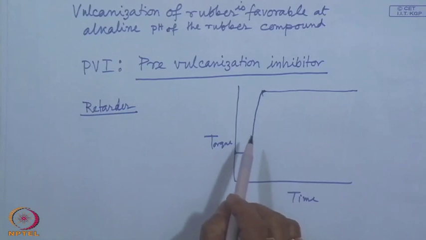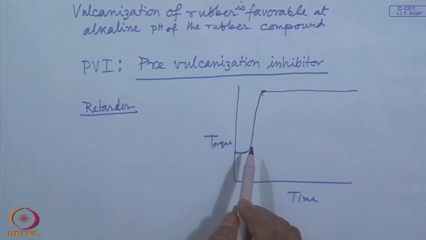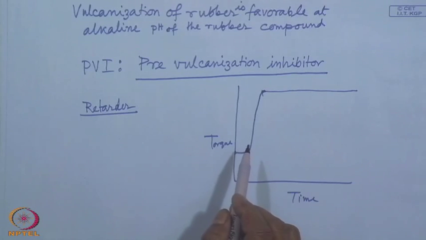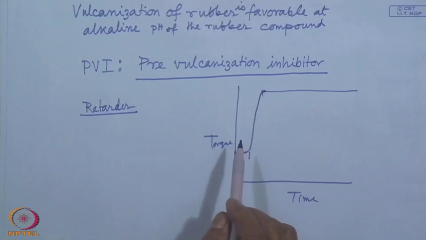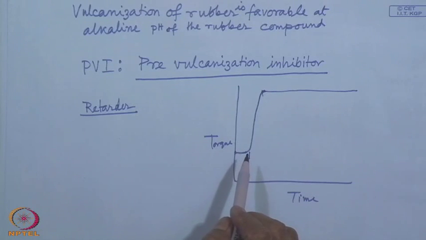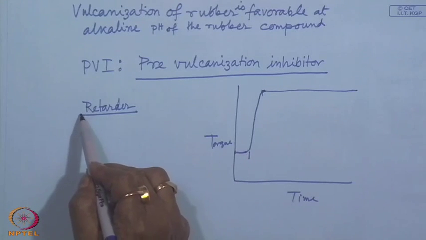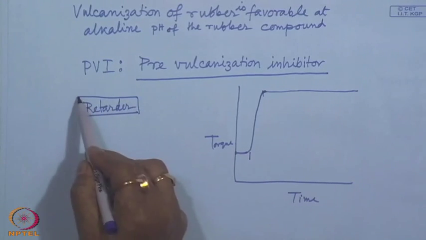During compound formation in a mixer, say an internal Banbury mixer or open mill, for proper mixing and dispersion of the ingredients, the accelerator and sulfur should not start reacting. That can be kept dormant by the use of some retarder.